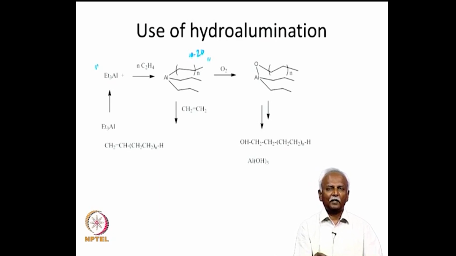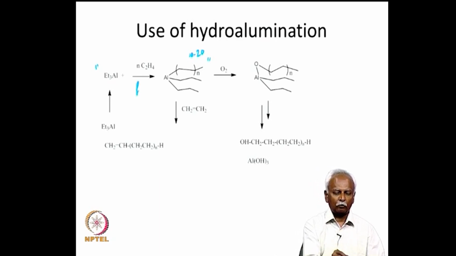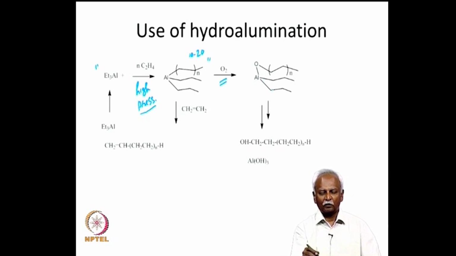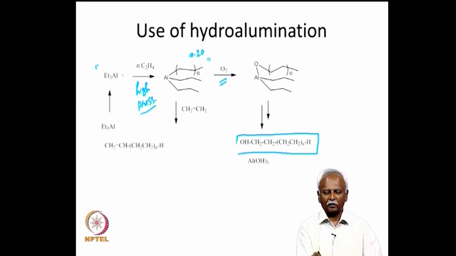And after carrying out this reaction with a high pressure of ethylene, you would end up with a long chain attached to the aluminum, which can now add on oxygen. If you add oxygen to it, it generates an alkoxy group attached to the aluminum, and only one step is shown, but after multiple steps you would end up with a long chain alcohol, where the end that is attached to the aluminum is the one that is having the oxygen.